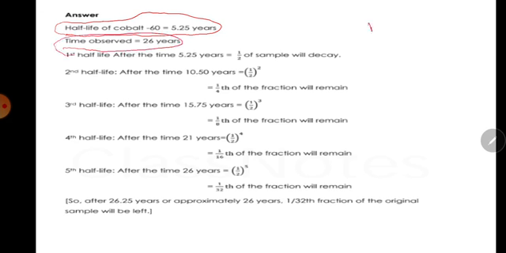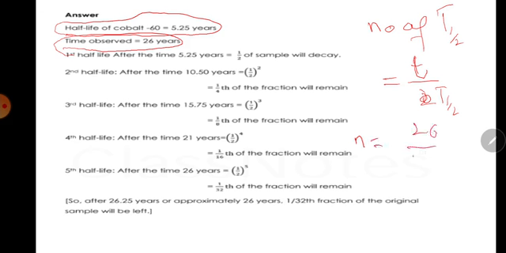So you will write number of half-lives is equal to time of observation divided by half-life. If we represent it by n, we will write 26 divided by 5.25. It's almost 5. Number of half-lives is 5 in round figure.